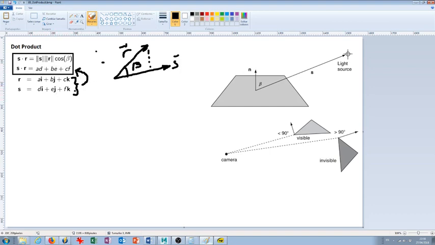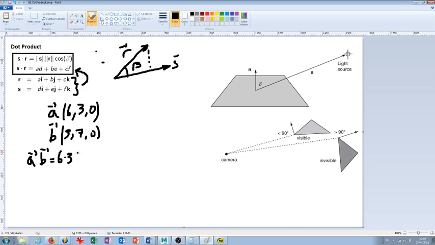Let me explain it in an example. If we have our two vectors, vector A (6, 3, 0) and B (3, 7, 0), we can say A dot B equals 6 by 3 plus 3 by 7 plus 0.